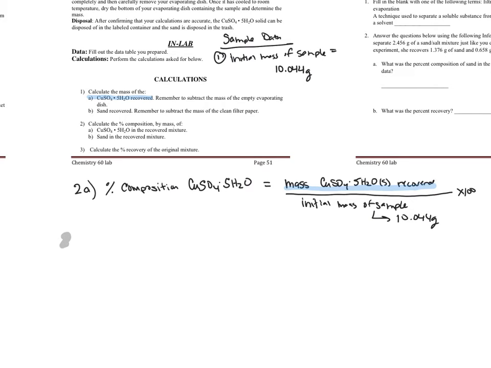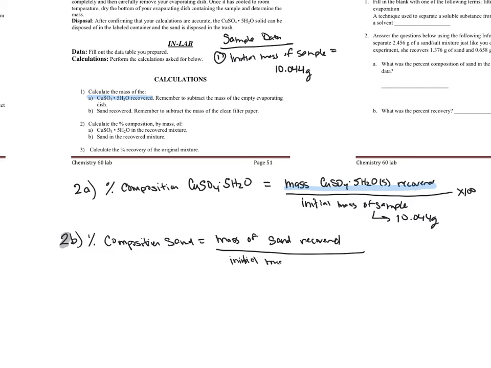For 2B, percent composition of sand is going to be the mass of sand recovered divided by the initial mass of sample times 100.